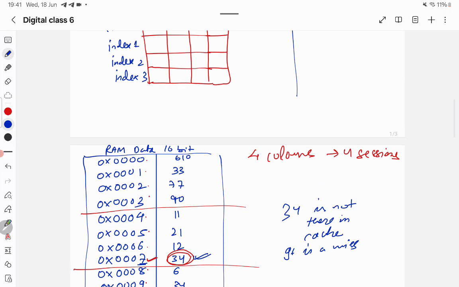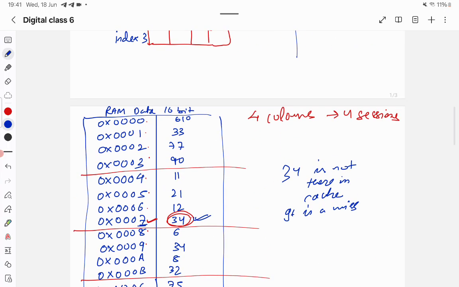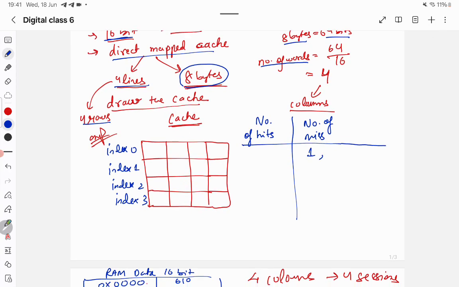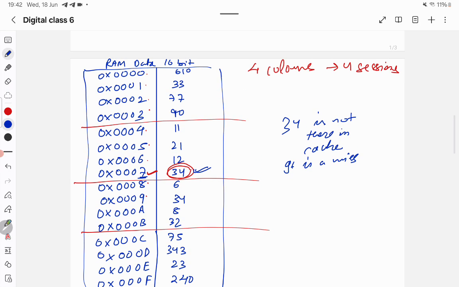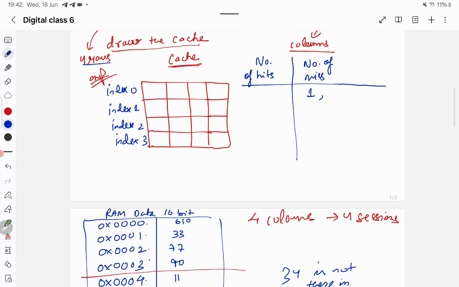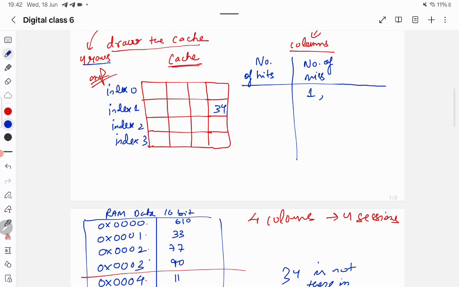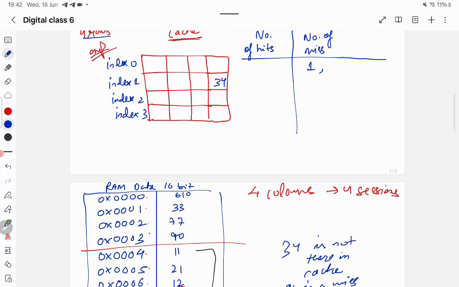So at instruction number 1 we have a miss, and I will write 1 here. The rest I will keep, but 34 is in the second section. But in direct mapping we copy down the whole section, so we will copy down 11, 21, 12, 34, everything.